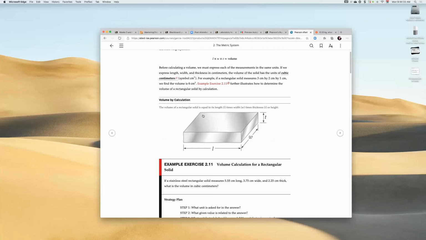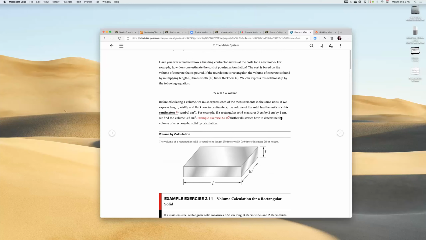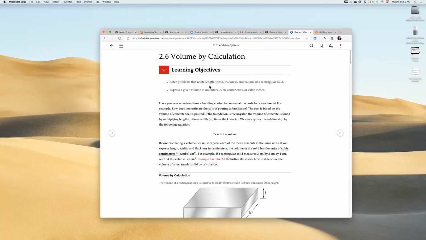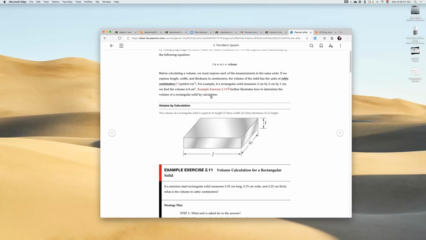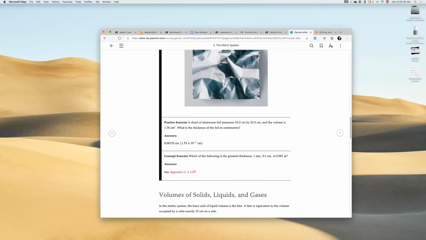That will give you the volume of that, I guess it's a rectangular solid. But many times in chemistry, we need to calculate the volume of something that is not regular, that doesn't have a nice shape of a rectangular geometry. So when we do that, instead of measuring volume by calculation, we're going to measure volume by displacement. So let me show you that.